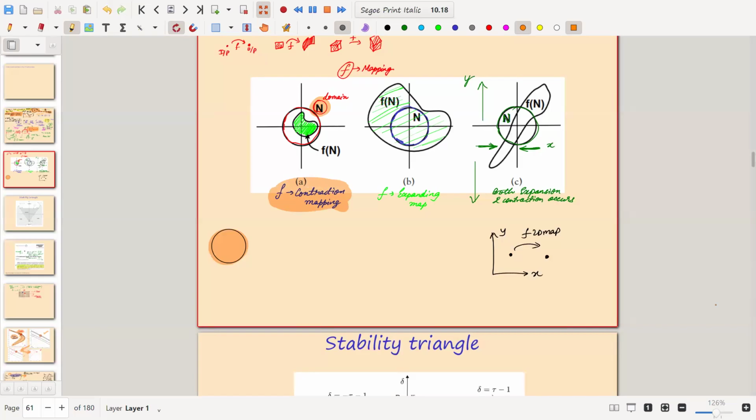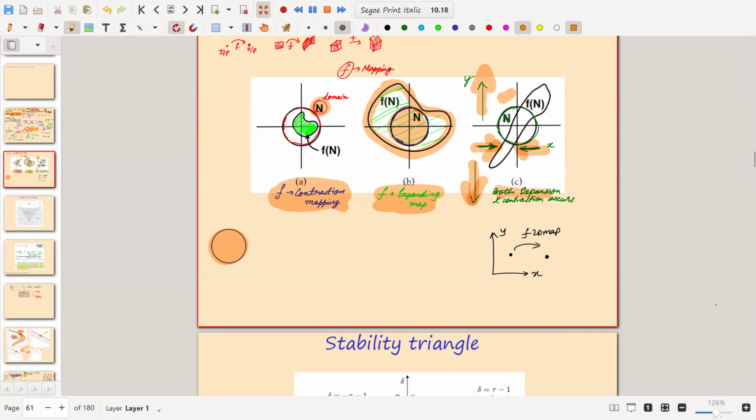Similarly, when you have an N here and you apply the map f and you clearly see that it has gone outside the region, then it is an expanding map, right? But here in the third case, it is very interesting. Why? Because it is neither contracting nor expanding, right? Because you can see it is expanding in this direction, but it is contracting in the y direction, right? You understood, it is stretched in one direction, contracted in another direction.